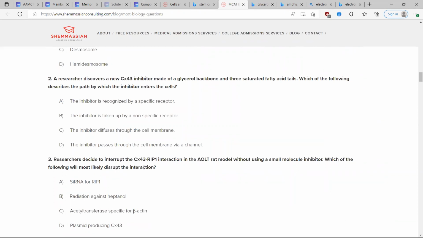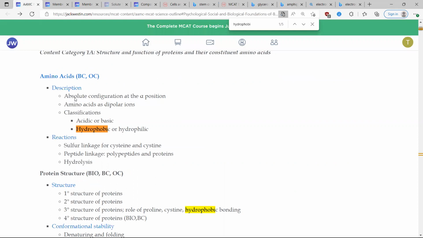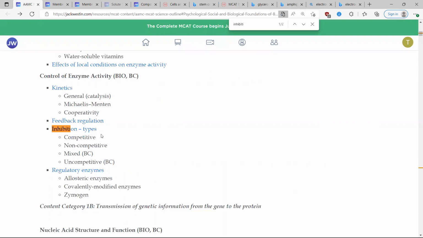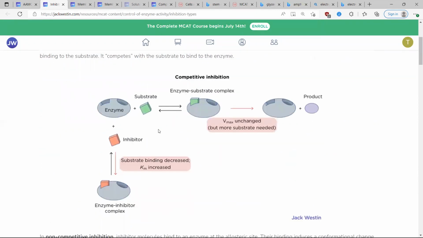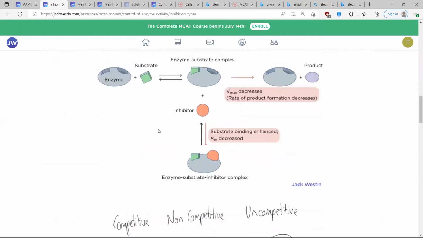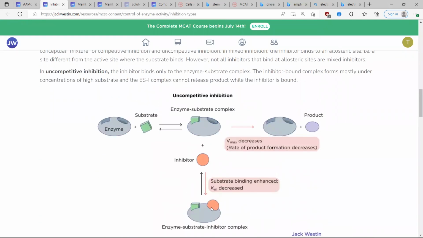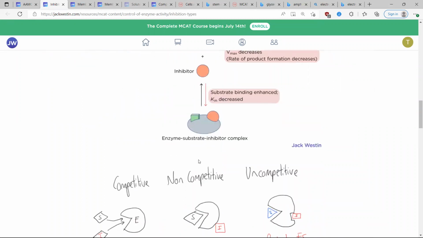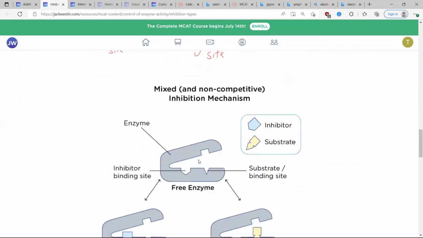So they want to disrupt a protein interaction without using a small molecule inhibitor. When they say small molecule inhibitor, if we look at protein interactions in general, if there are two proteins binding together and an inhibitor binds, maybe it will prevent some kind of binding, right?